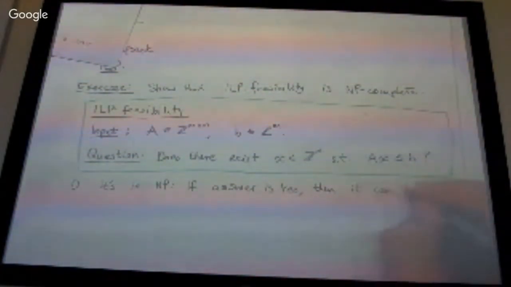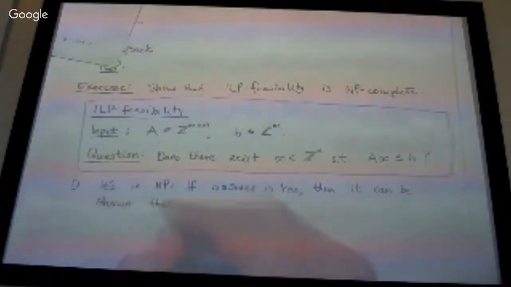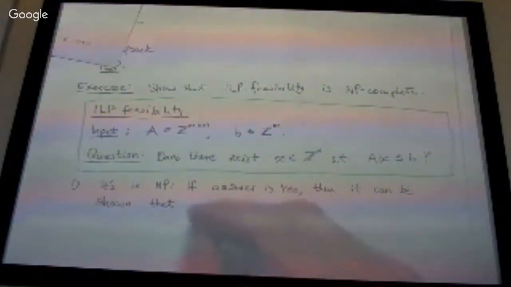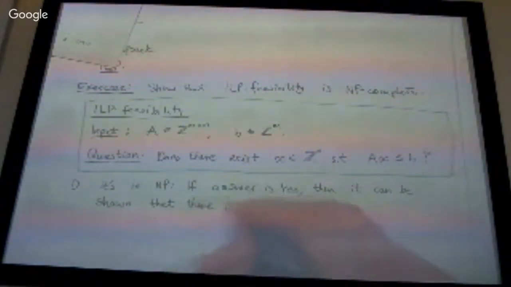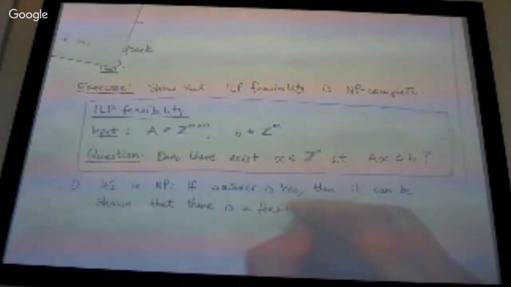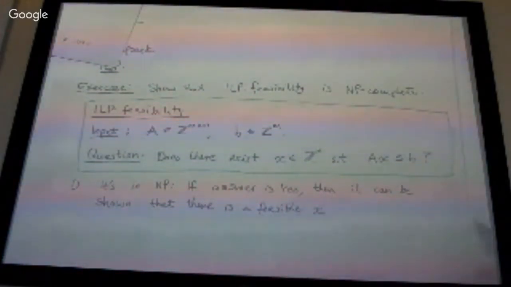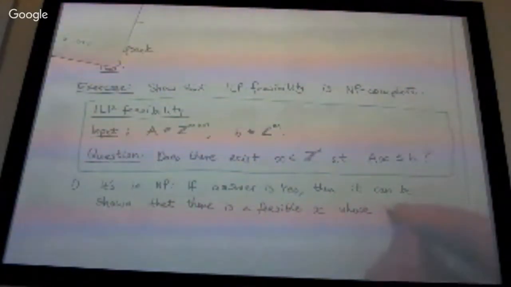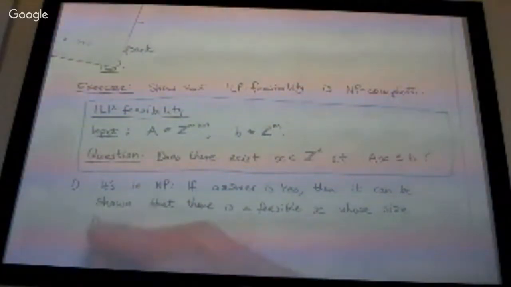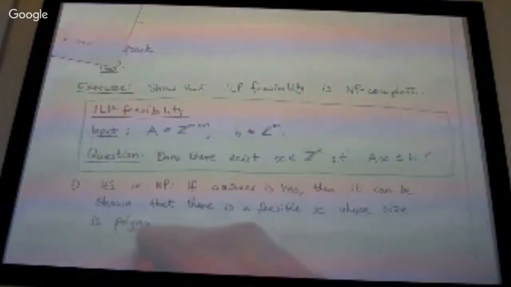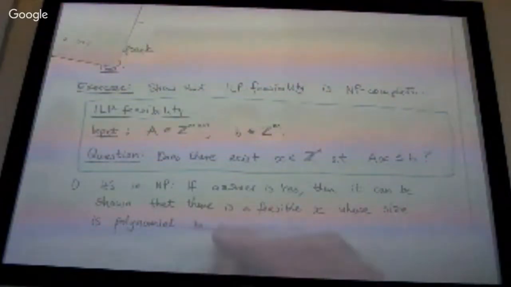Then it can be shown that there is a feasible solution whose size is polynomial in terms of the input.